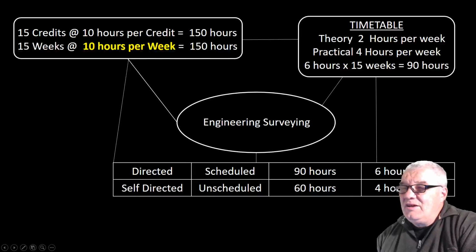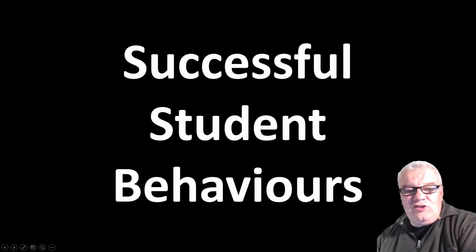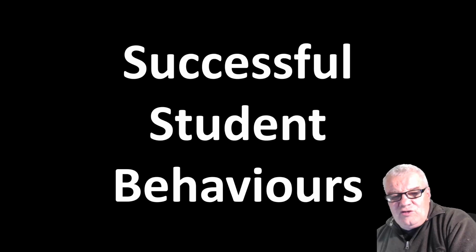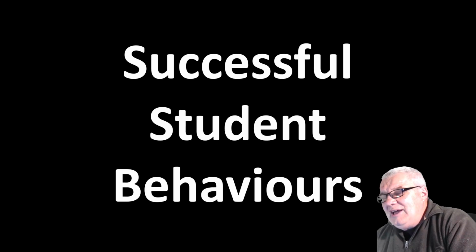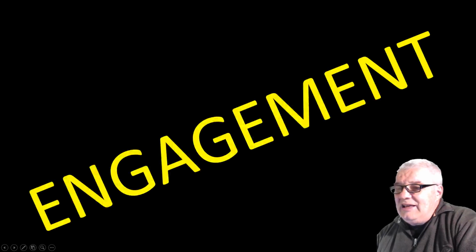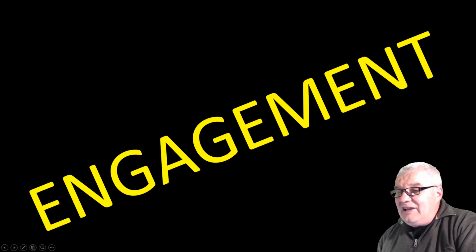Alrighty. So, some successful student behaviours. There are some things that we find successful students do, and that is that they are very engaged. They want to be here. They're on time.